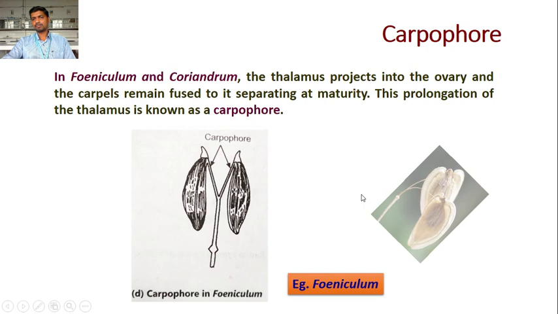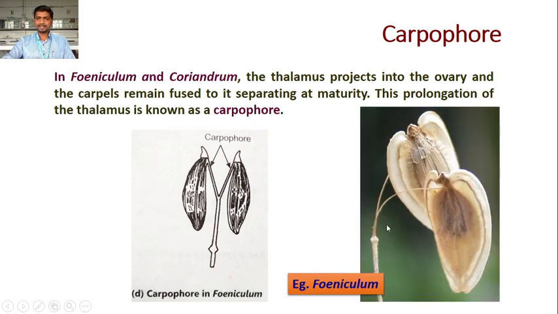For example, Foeniculum. Here we can see this is the carpophore. It is the prolongation that arises from the pedicel. Generally the thalamus is present at the tip or apex of the pedicel, but in Foeniculum this thalamus gets projected into the ovary, to which the carpels are attached, and at maturity they get separated.